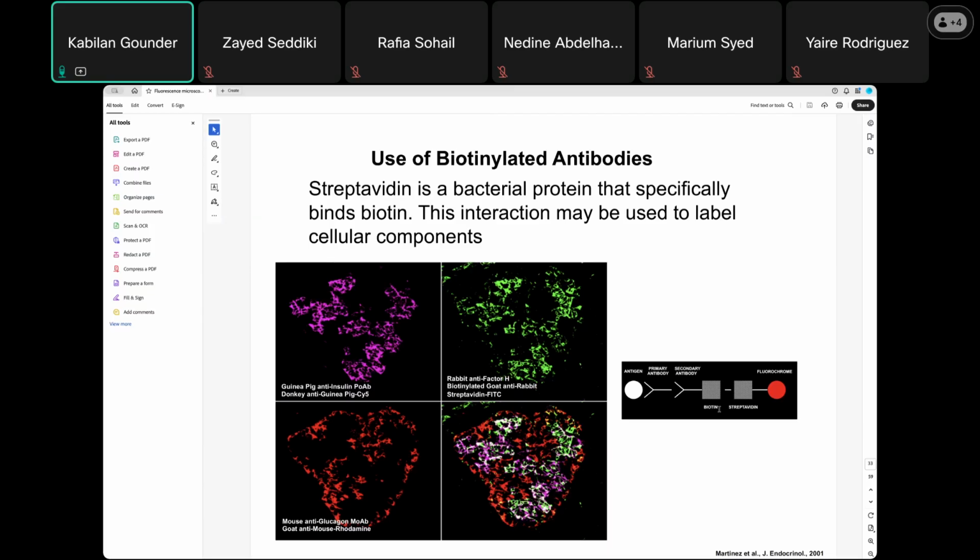Sometimes, for regular fluorescence microscopy, you need not go for biotin and streptavidin, but this kind of technique will help you more when you go for other techniques, such as flow cytometry, live cell imaging and others. We will discuss that more.